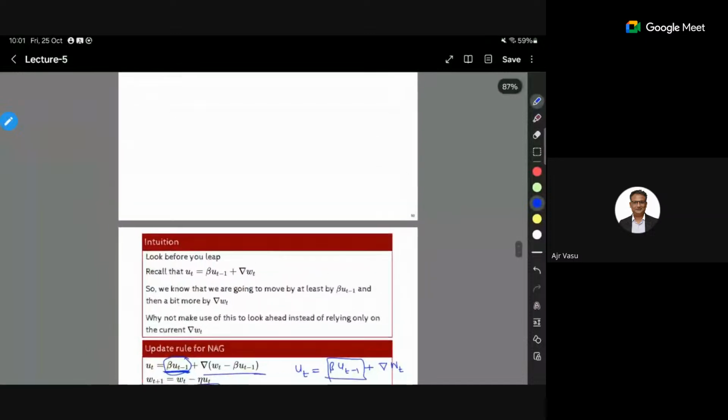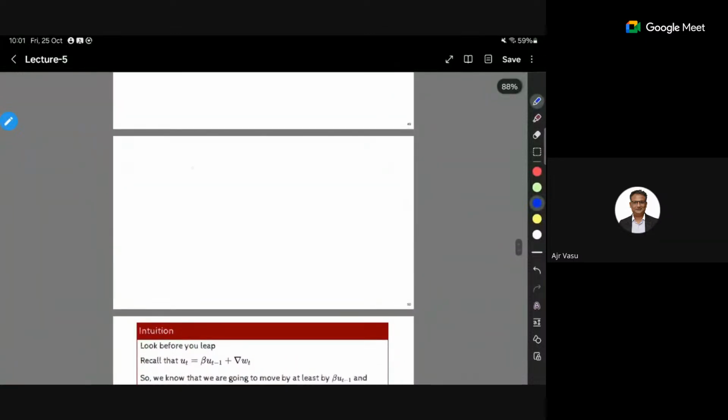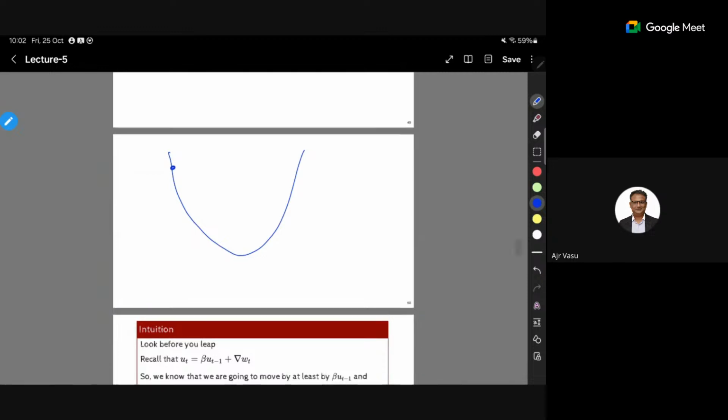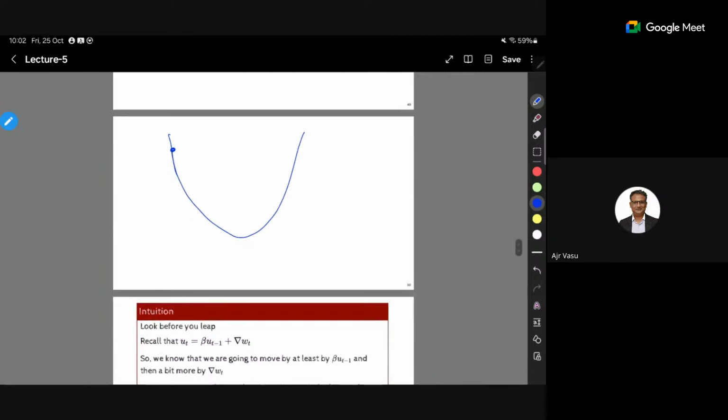Yeah, so we first moved, right? I actually explained the same thing in the last session also. See, you are here, right? Now I moved here using history. So this is my look ahead. I already did it. Did I compute any gradient for this?